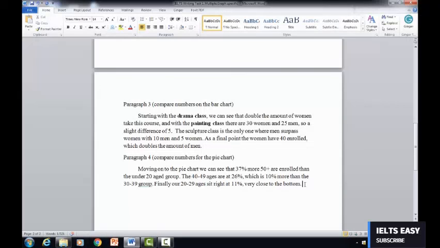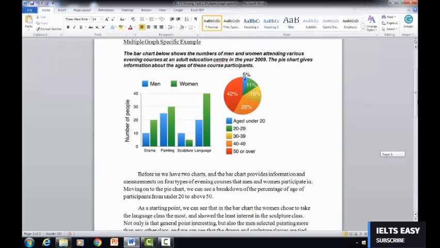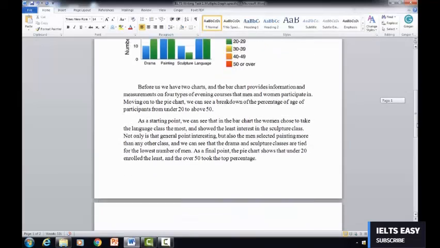Okay. All right, and we're making comparisons of our numbers here. You can look at these two paragraphs and you can compare the numbers, right? We're not just talking about high, low, high, low. That's how you do your third and fourth paragraphs.